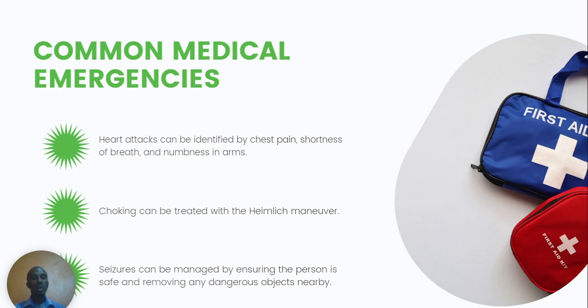Then, another medical emergency is choking, which can be treated using the Heimlich maneuver. So the Heimlich maneuver, which can also be called an abdominal thrust, is whereby the person administering this first aid will hold just above the navel, or what we call the umbilicus of the victim or the person choking, and then will push upwards and inwards.